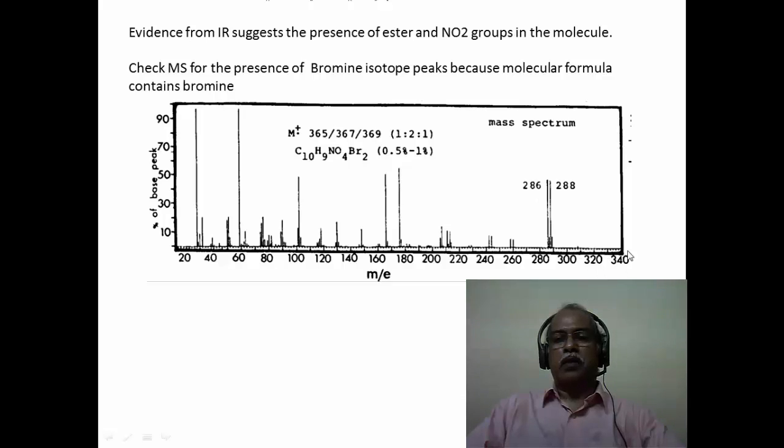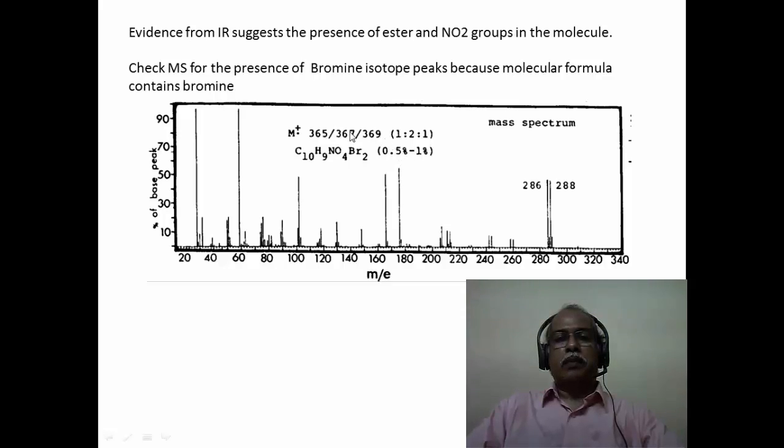In fact, the spectrum here goes up to only 340 M by Z value. However, the spectral information is provided in the printout here, namely the 365, 367, 369 peaks in the ratio of 1:2:1 with a relative abundance of roughly 1 to 0.5% or so is mentioned here.